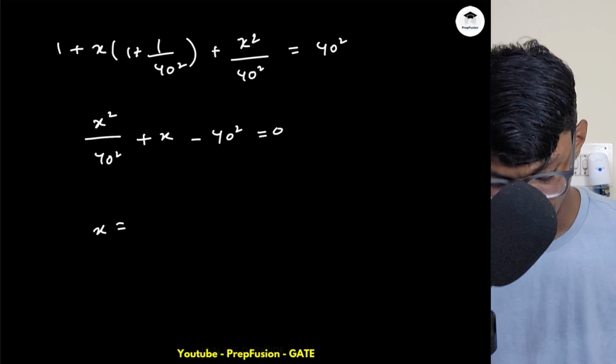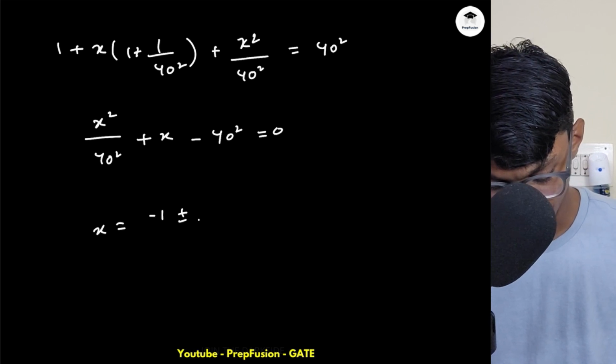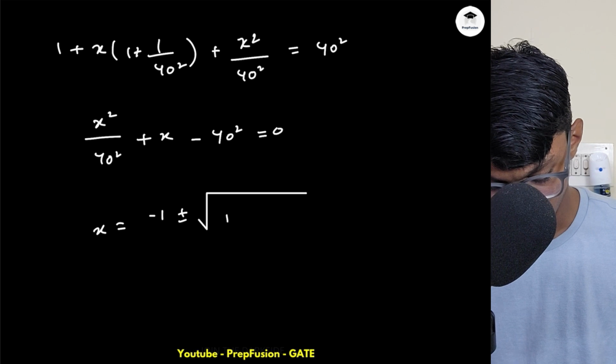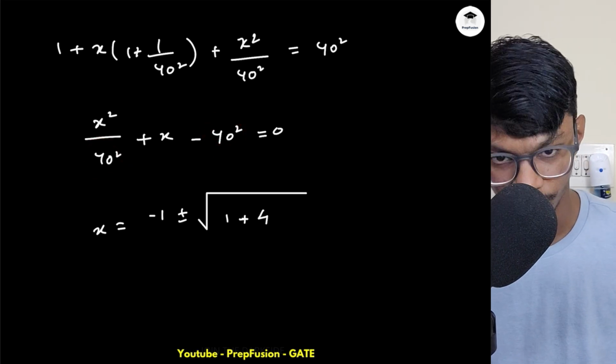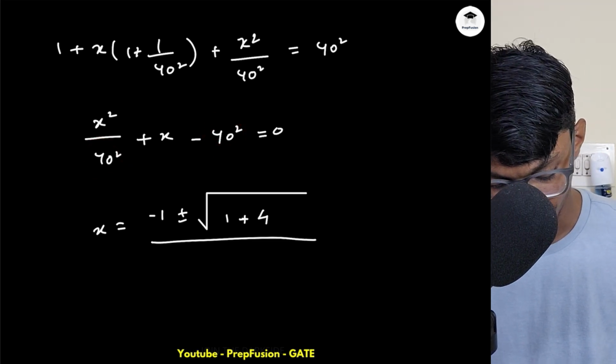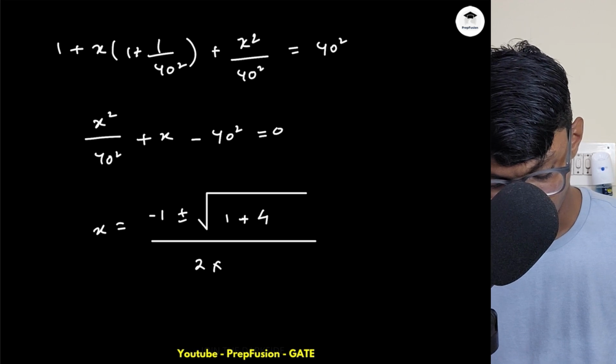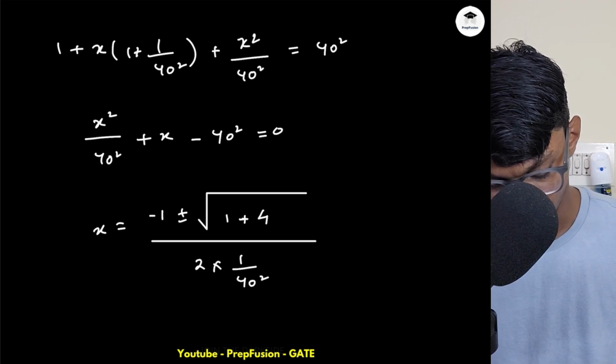So your x will be minus 1 plus minus root of b square, that is 1, minus 4ac, this is plus 4 only, because 40 square into 1 by 40 square will be 1, and I have 4ac, divided by 2 into a, which is 1 by 40 square.